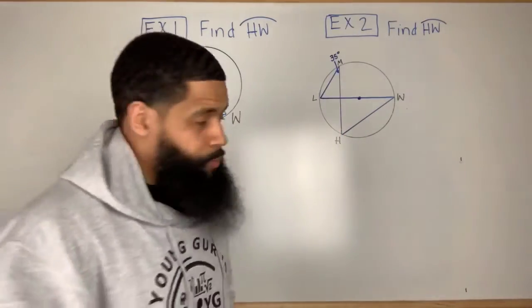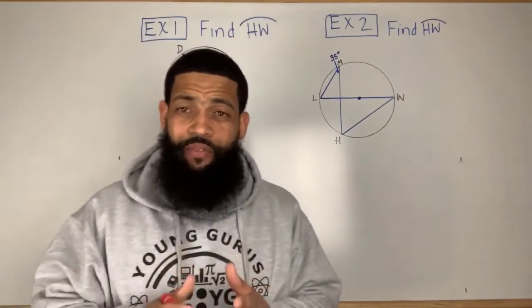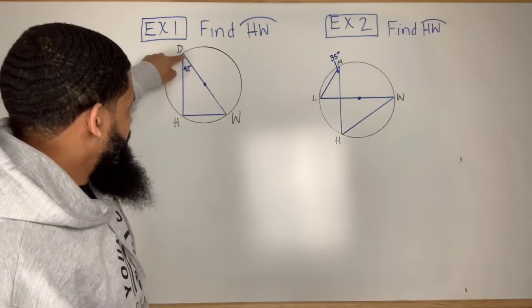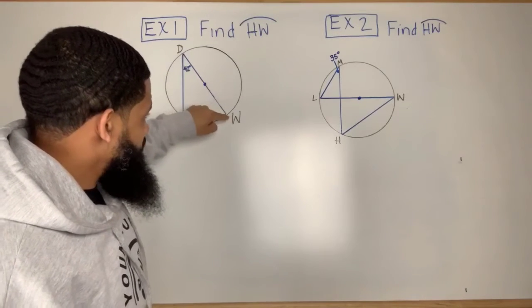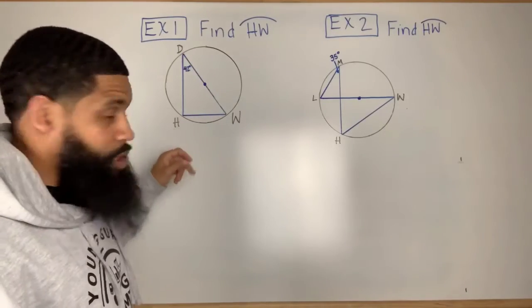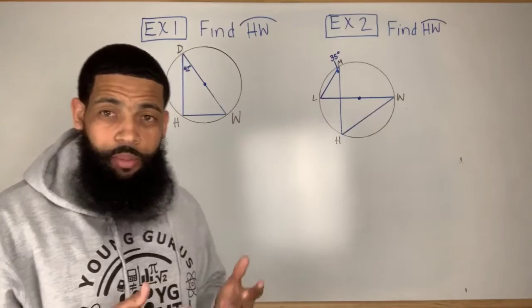First things first, I want to tell you the rule. The rule says that if I have an inscribed angle, notice the inscribed angle is angle HDW. Angle DWH is also an inscribed angle, and angle DHW, so those are my three inscribed angles, right?